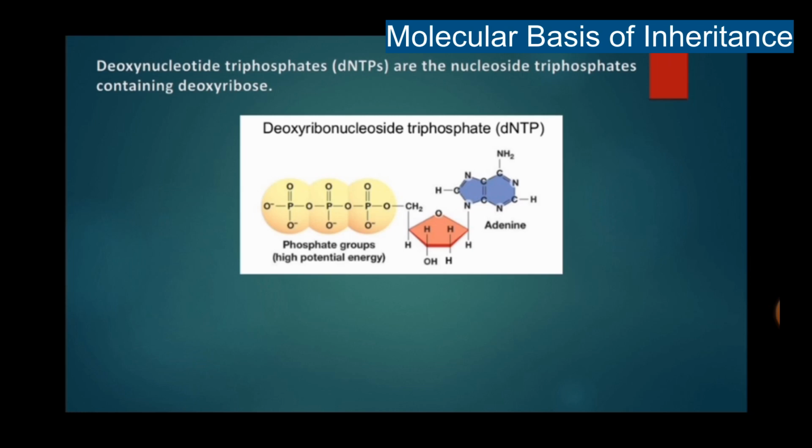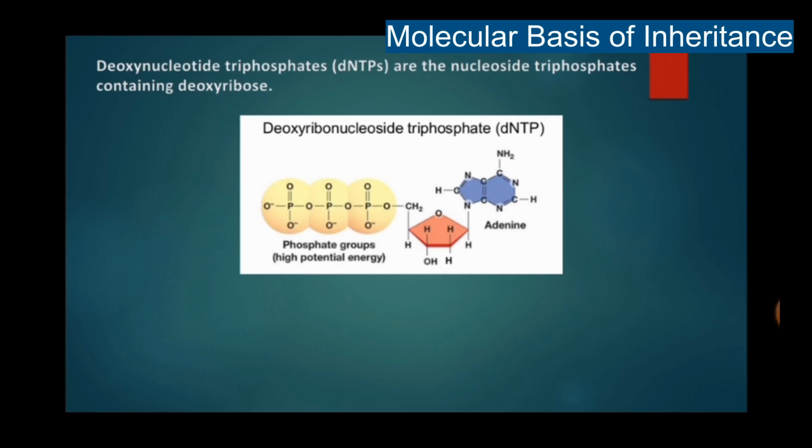So it is not only adenosine, the base can be anything. Suppose in this picture, the sugar is deoxyribose sugar, and this purple structure is the nitrogen base, which is adenine.